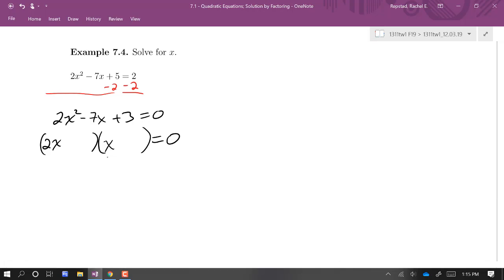We're just not sure which ones and where they go yet. It's negative. It's 2x minus 1 and then x minus 3. So let's do a quick check. So this is minus x, and that's minus 6x, and that does give us the minus 7x that we need. Good.